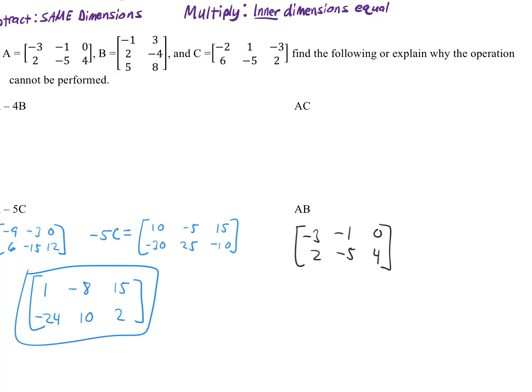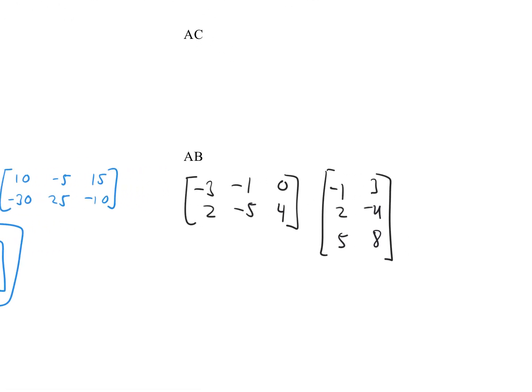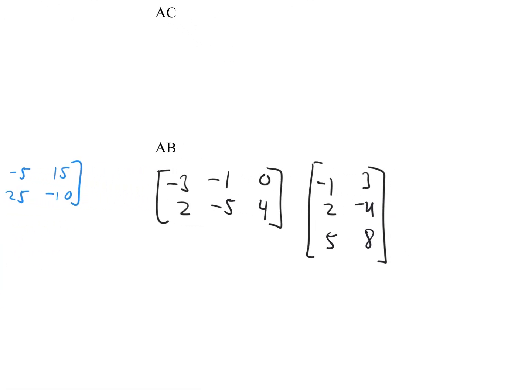All right, so this is A, and then times B is going to be negative 1, 2, 5, 3, negative 4, 8. All right, and what was our pattern for this? Okay, good, row by column. So it's going to be the row times the column, and you're going to go entry by entry.